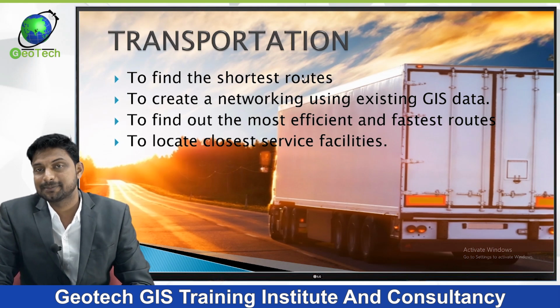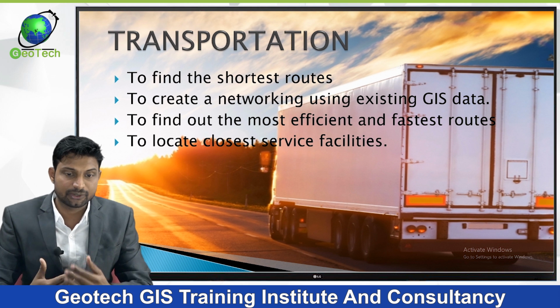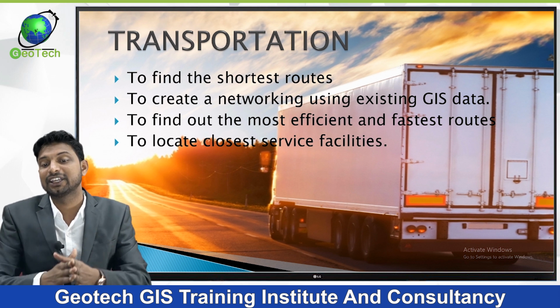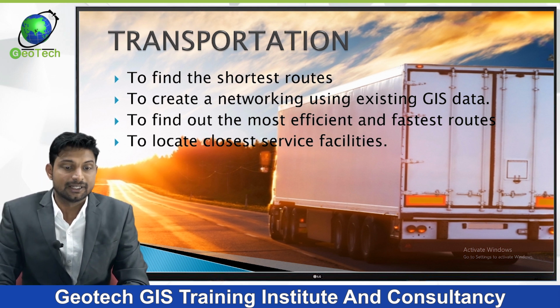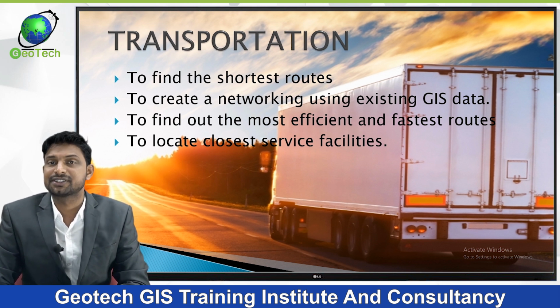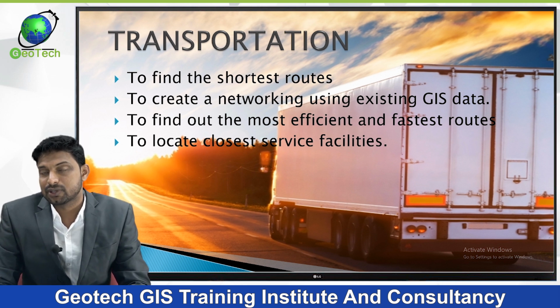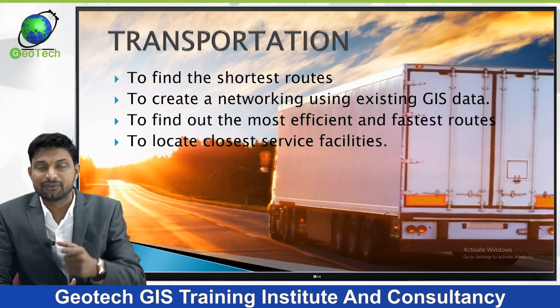After disaster management, I told you about transportation, to find the shortest route. We can find the shortest route by creating a network using existing GIS data. Using transportation facilities, we find the most efficient and fastest route. If I want to go from Pune to Mumbai, I will see which is the fastest route and which is the shortest route.